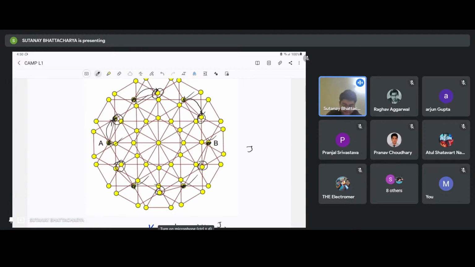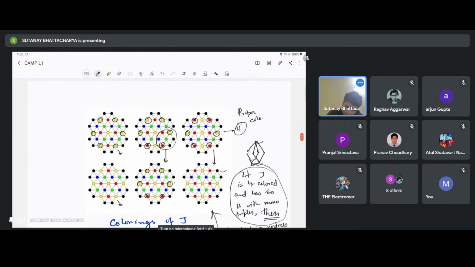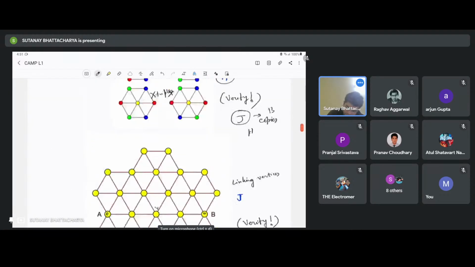And you can actually manually check that no 2 of these are compatible, except this and a copy of itself.